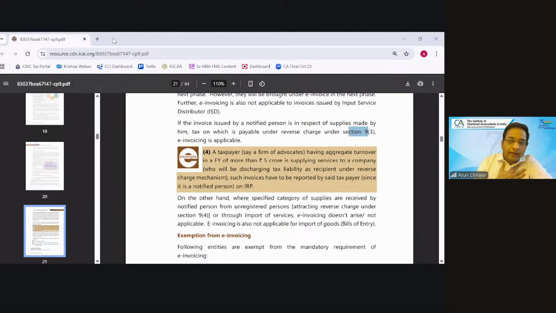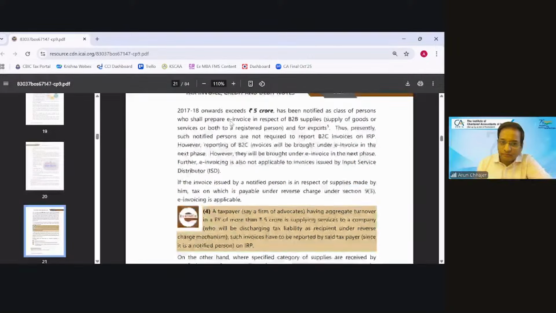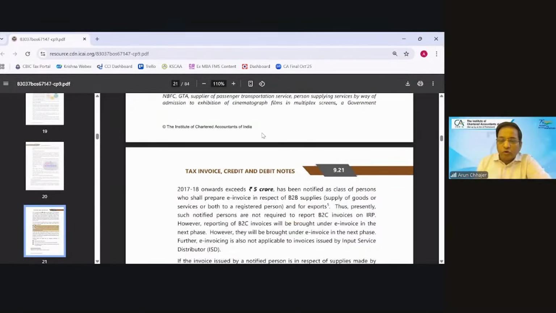So in this case, will I also prepare e-invoicing, or is e-invoicing not applicable for RC? I am an advocate registered in the GST, issuing the tax invoice, but you are paying the tax on the reverse charge. Do I need to prepare the e-invoicing also? Answer is yes.